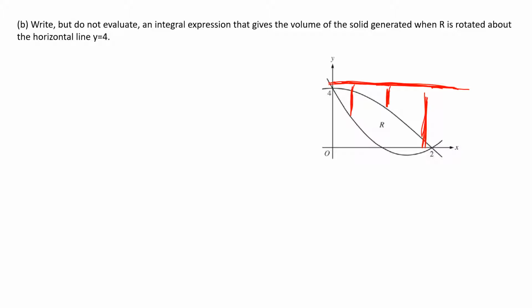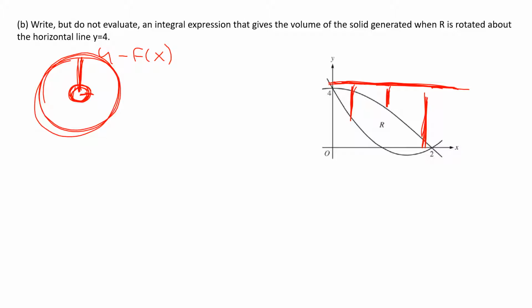So I'm just going to sketch out a nice little circle here. This is my big radius, this is my little radius. You'll note that my big radius is the distance between y equals 4 and my bottom curve, f of x, so 4 minus f of x. And this little radius right here is 4 minus g of x.